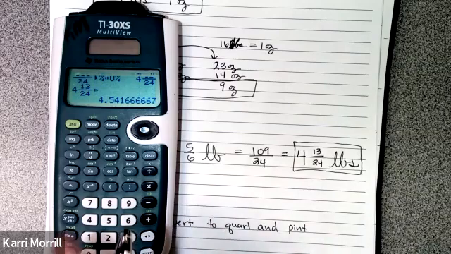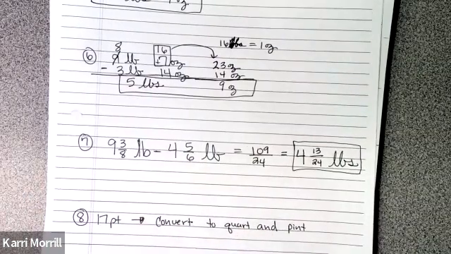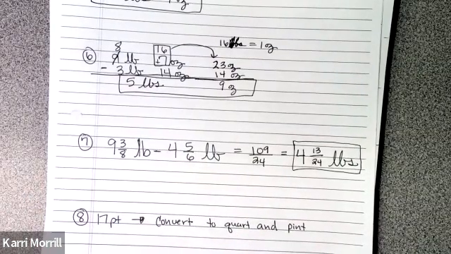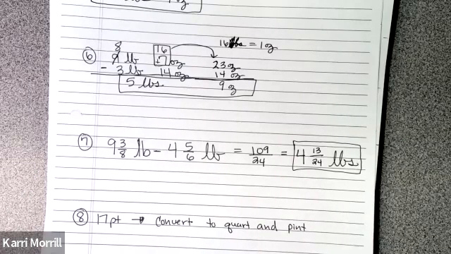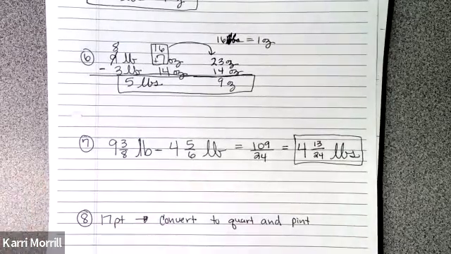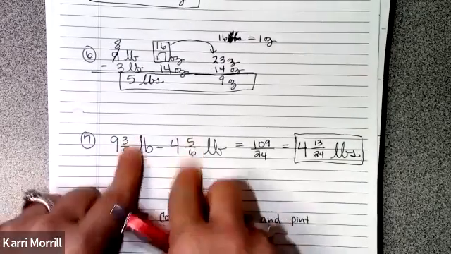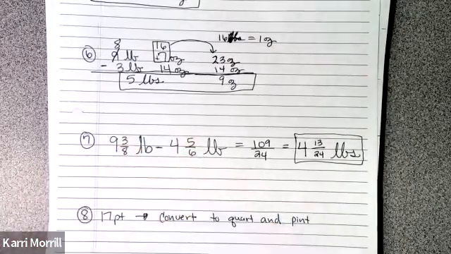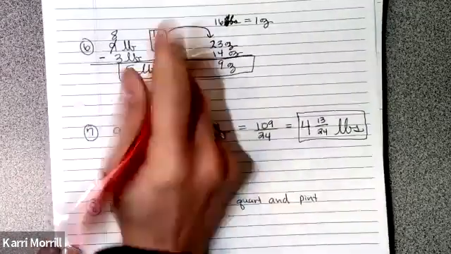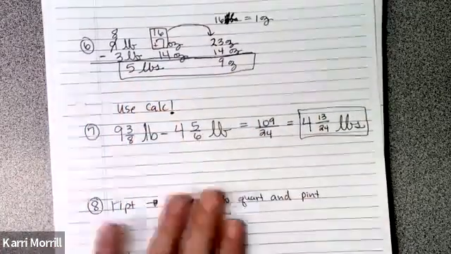If you were doing that manually, you would have either turned it into an improper fraction first, found a common denominator, then maybe converted it, a lot of steps. So you can do that manually if you want, but you just type in your calculator. Or you could just convert these to have the same denominator as well. You don't have to always turn it into an improper fraction. But calculator is, man, since you're doing application problems, it's just going to be a little bit quicker in some of those calculations.